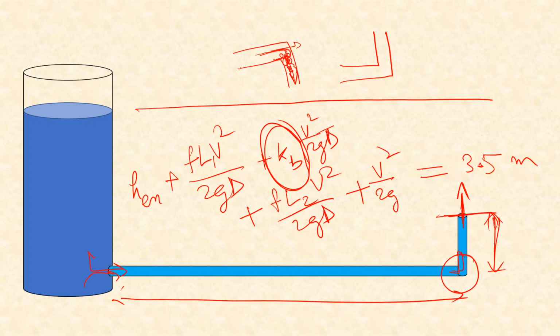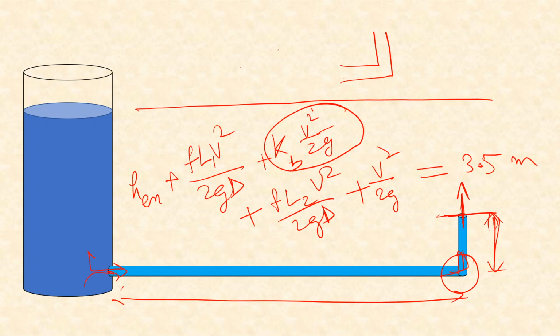Because of that turbulence, some extra head will be lost, which will be represented by this term K_B into V square by 2g. Here D should not be here, it's only 2g. Sorry. So this is how we are going to incorporate the loss in this bend.